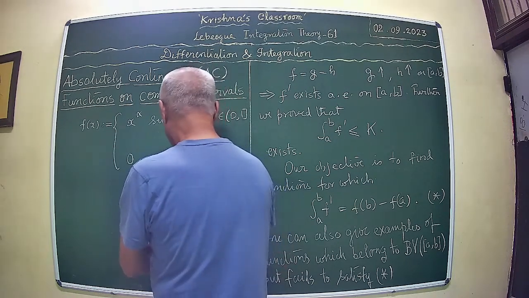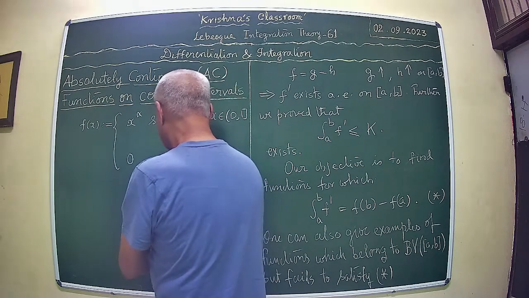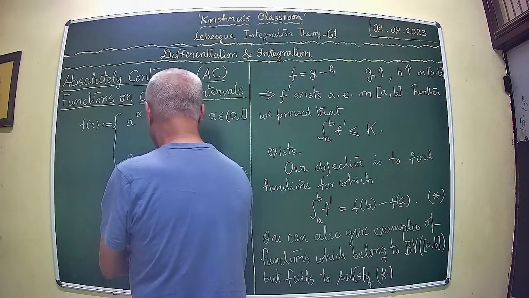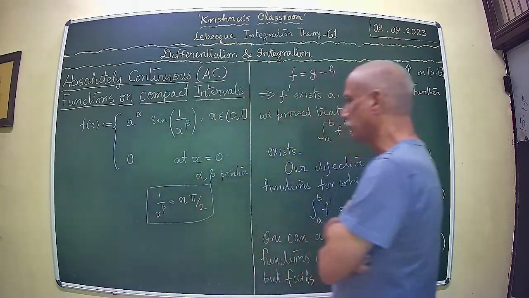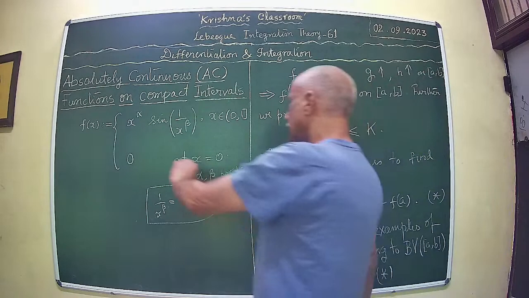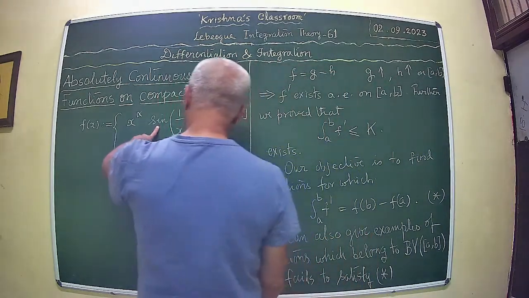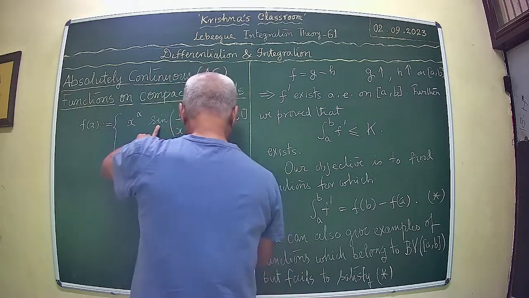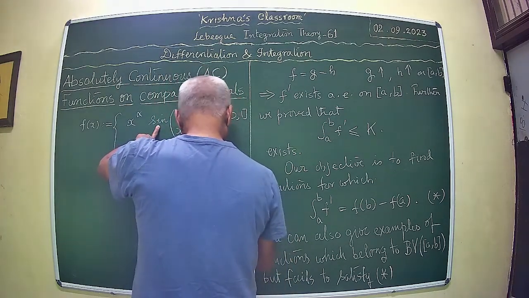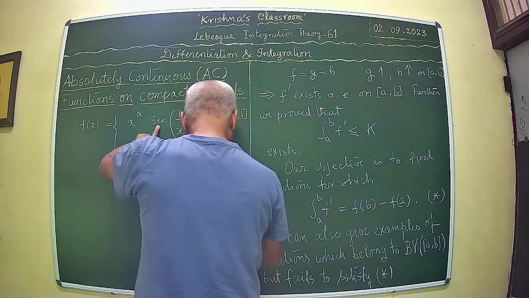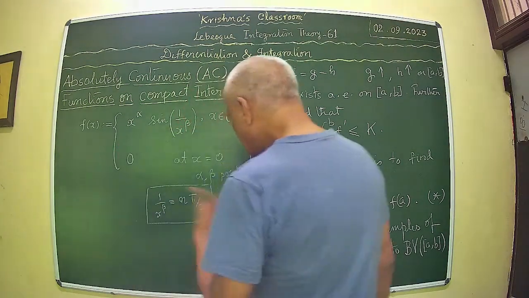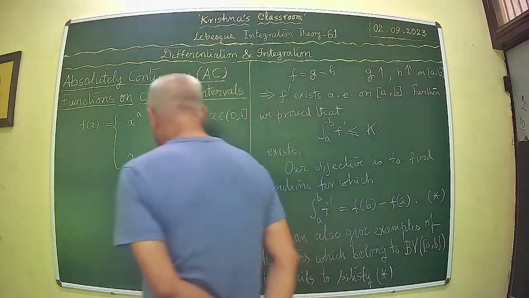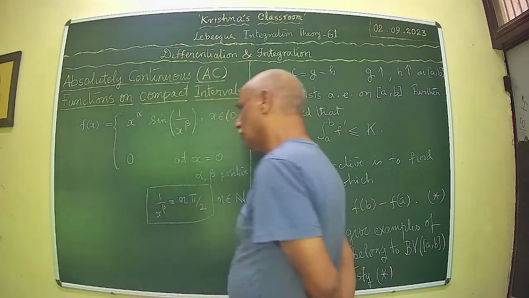Sorry, I think 1 by n pi by 2. Then you see that the values the sine function takes at these values for n belonging to N are either plus 1 or minus 1 or 0.